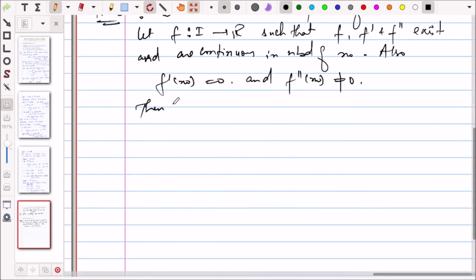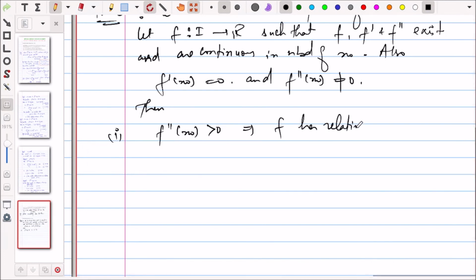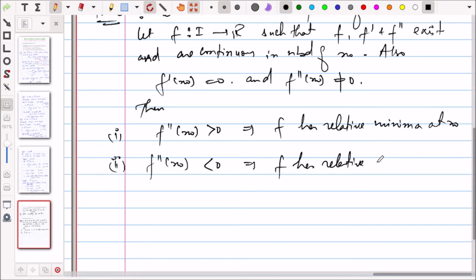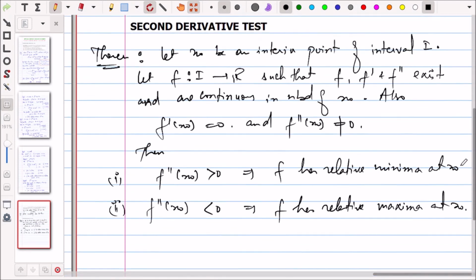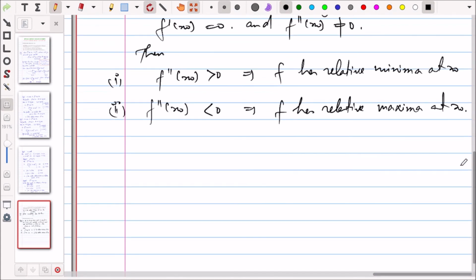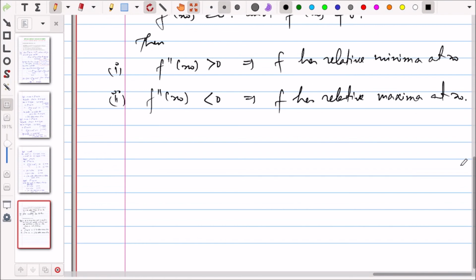Then what will happen? First, f''(x0) greater than 0 implies f has relative minima at x0, and second, f''(x0) less than 0 implies f has relative maxima at x0. Okay, is it fine, everyone?